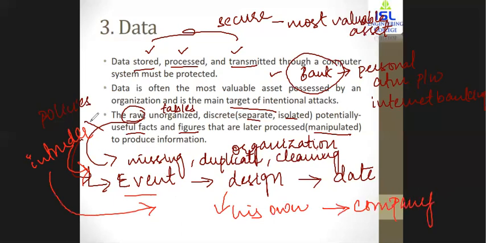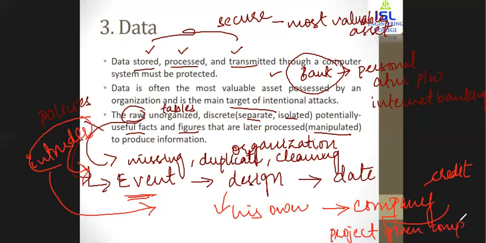Now when this intruder presents his entire plan to this company before the person that was actually handling the event, he gets the entire credit, and this project might be given to this new rival company. So this is why your data needs to be safeguarded.